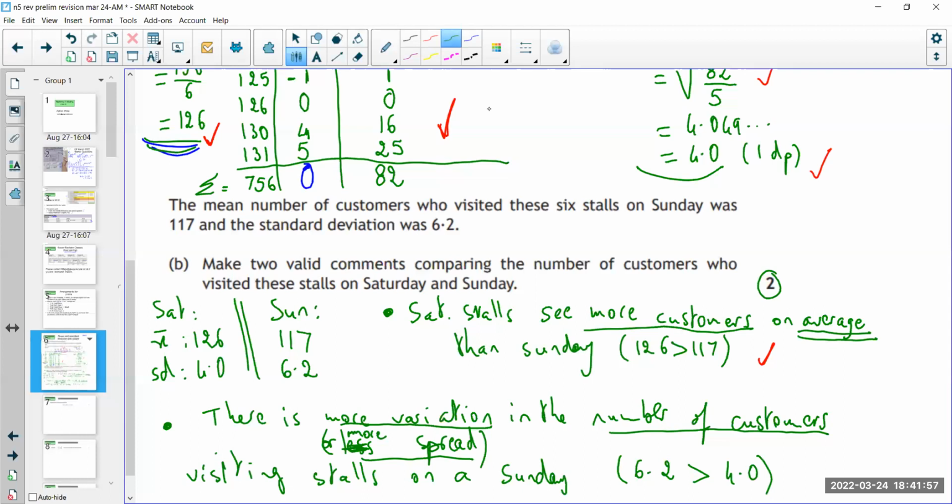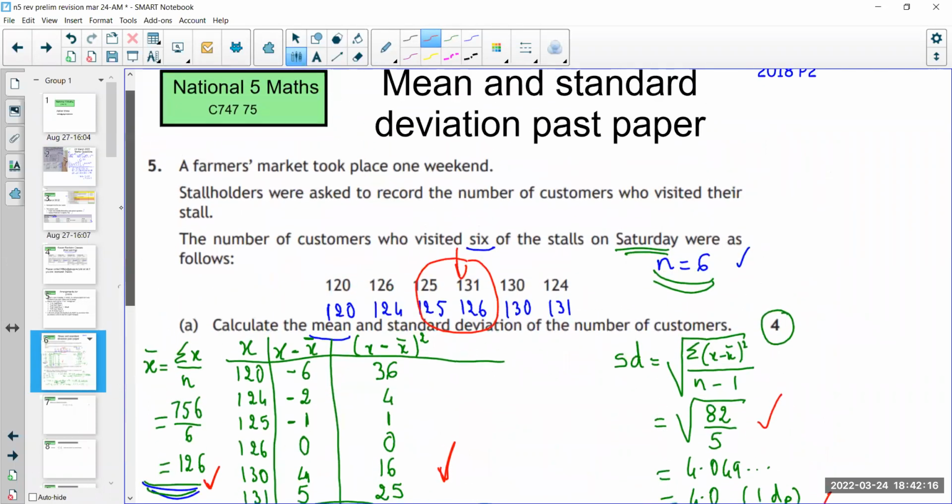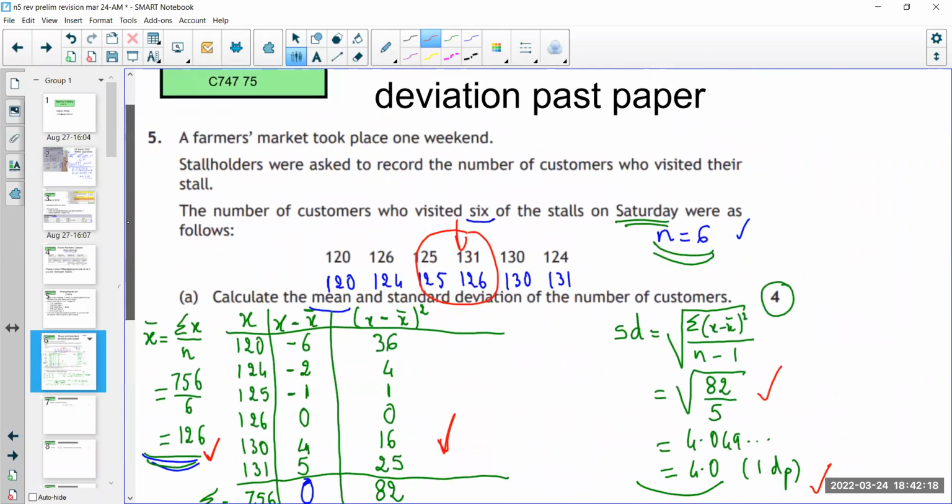Okay. So that's how you would get 6 marks if you do the statistics question. And because you don't need to do quartile, median, semi-interquartile range, etc., I can guarantee you will get a question like this.